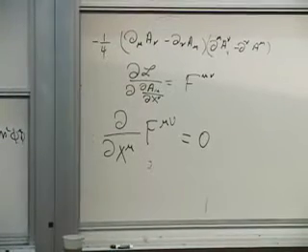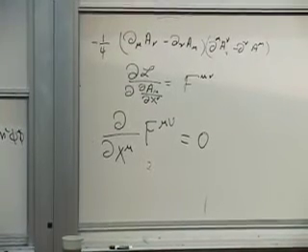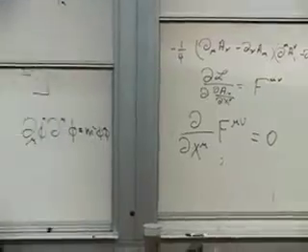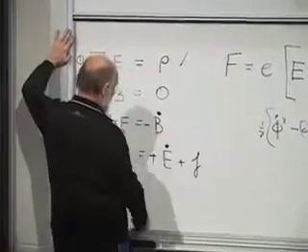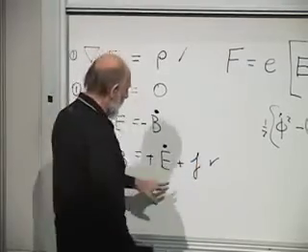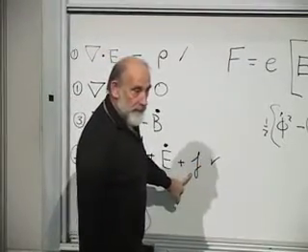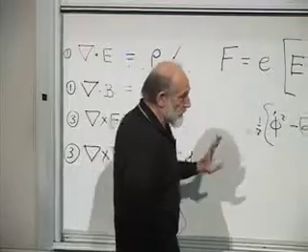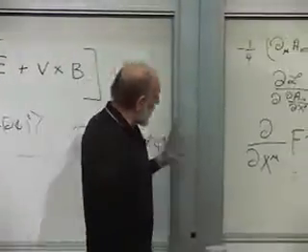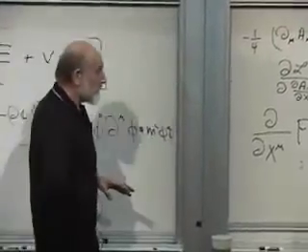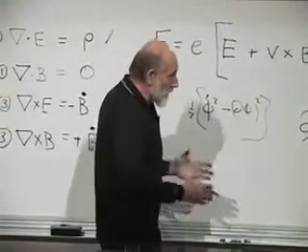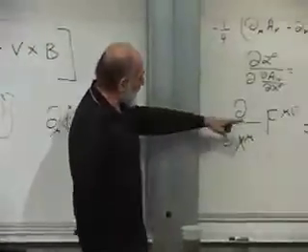Which Maxwell equations are these? These are this and this, without the J. I have not told you what to do if there's a current. If there's a current, the Lagrangian has to be modified a little bit.